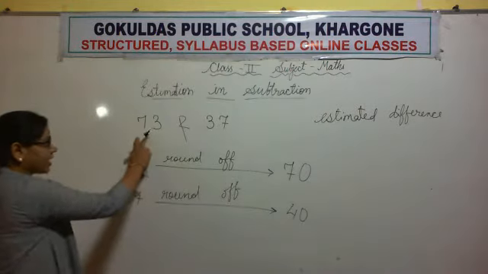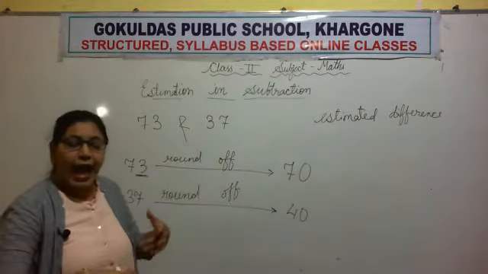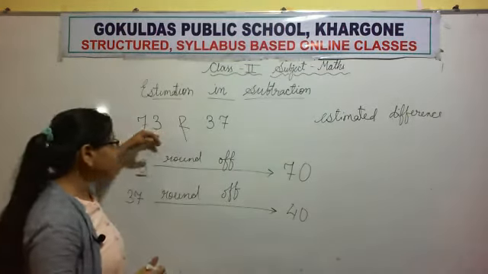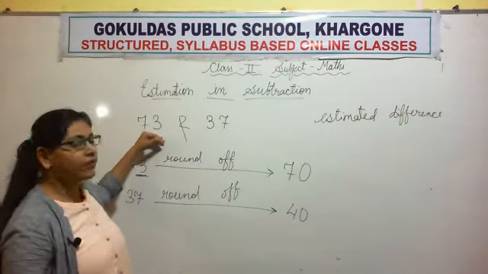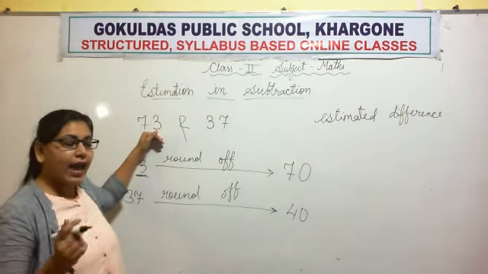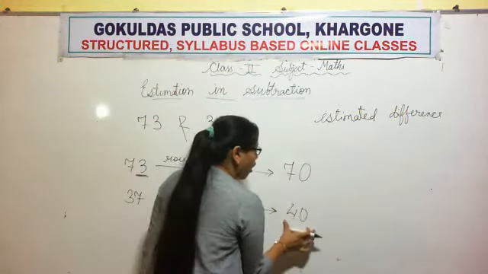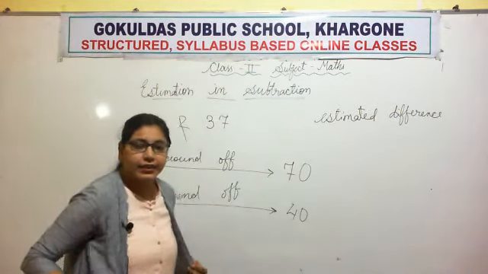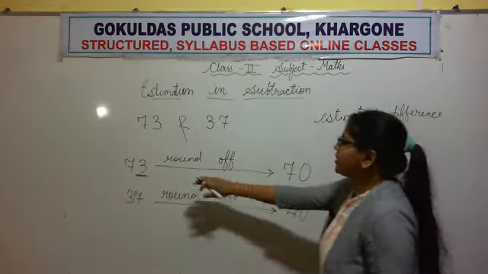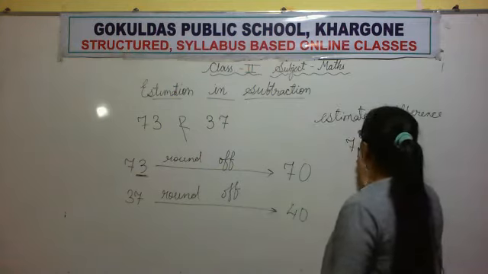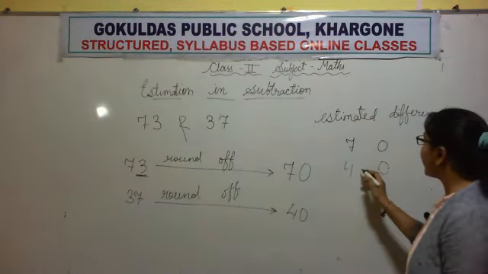And if we subtract the given numbers, the actual numbers, then we will get the actual difference. So the numbers are 70, after rounding off 73, and 40, after rounding off 37.